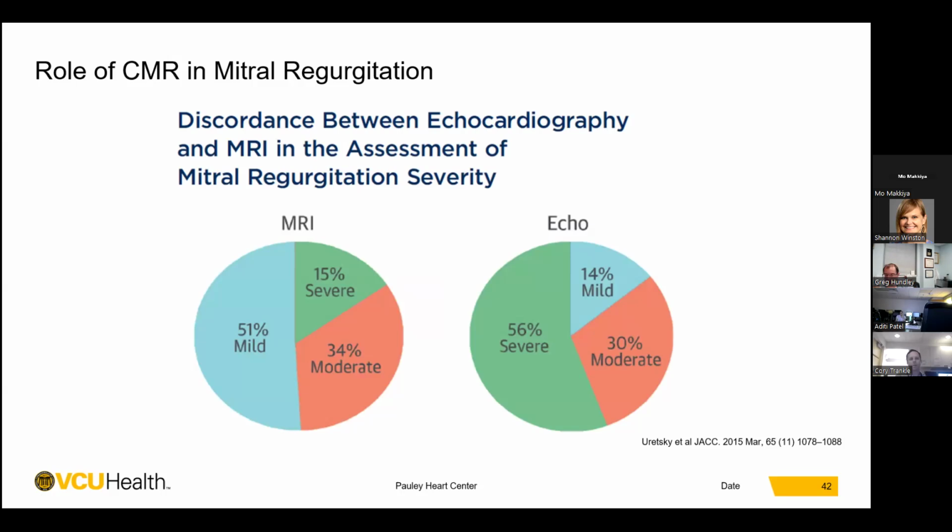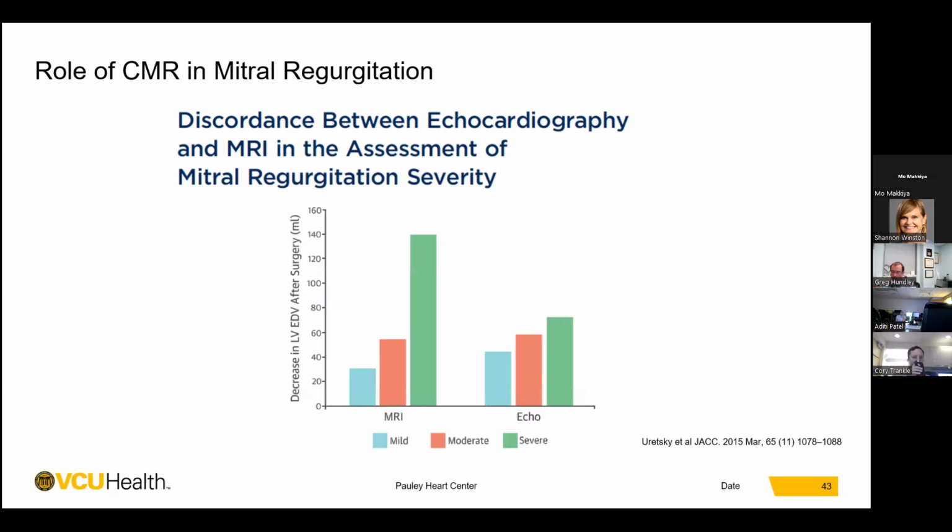It seems that echo tends to overestimate the severity of mitral regurgitation, or MRI underestimates it, depending how you look at it. So if you are an echo person, you say that echo is more accurate than the MRI, and MRI can underestimate the valve regurgitation.